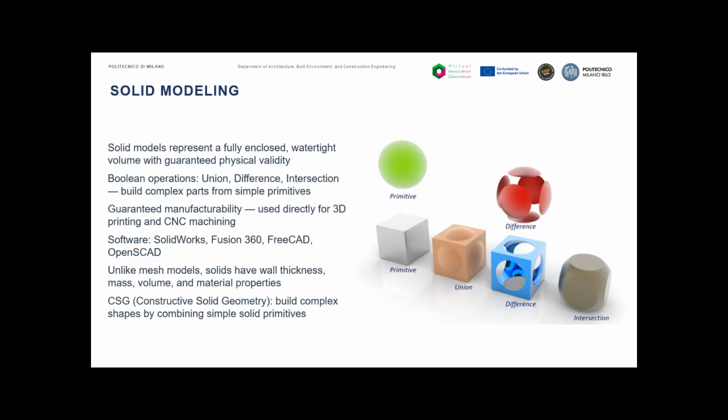So from a library of primitives and recursive applications of these operations, you can describe the geometry of essentially any manufactured object. The model is an enclosed volume, so because of this, it can go directly to manufacturing. So 3D printing, CNC machining, without any additional interpretation.